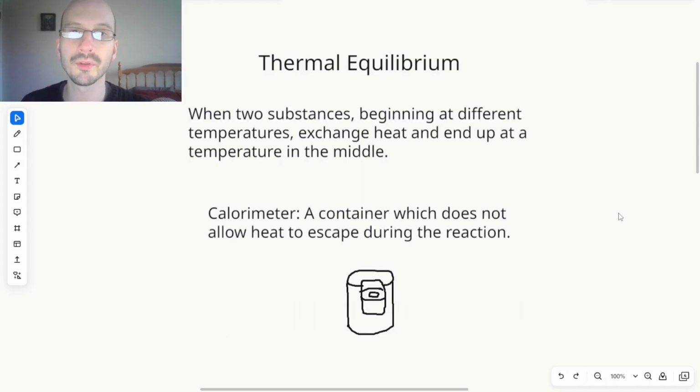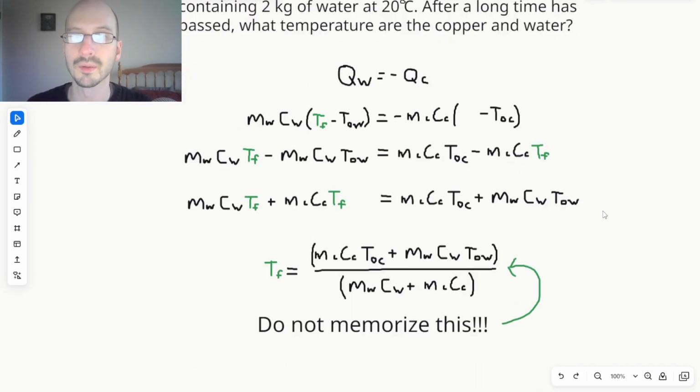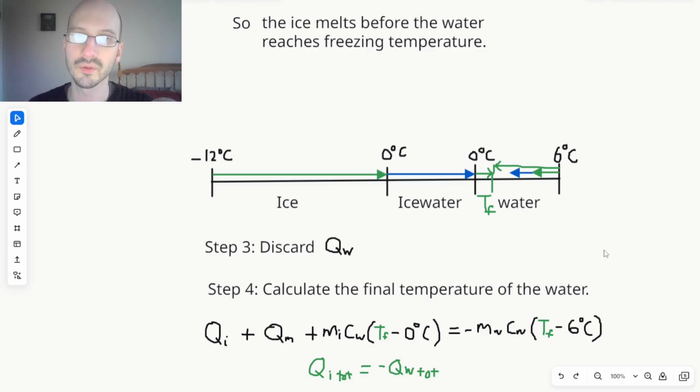And we looked at a couple thermal equilibrium problems. We talked about a calorimeter as an experimental device to prevent heat from leaving the experiment or coming into the experiment. We did some sample problems involving a warm object and a cool object put together and exchanging heat coming to equilibrium. Lastly, we did an equilibrium problem where phase changes were involved.